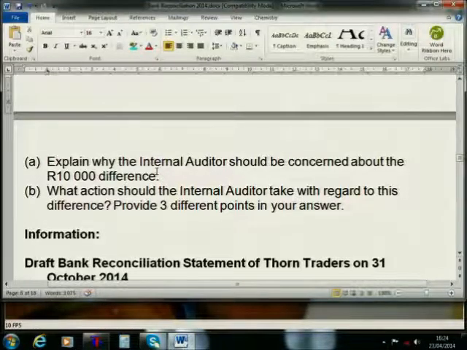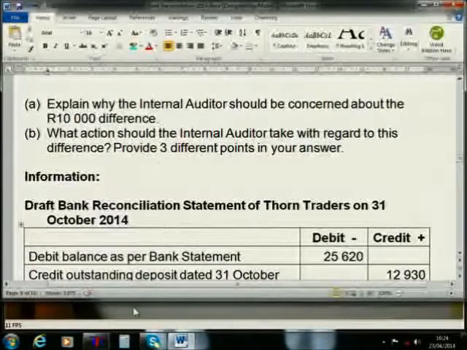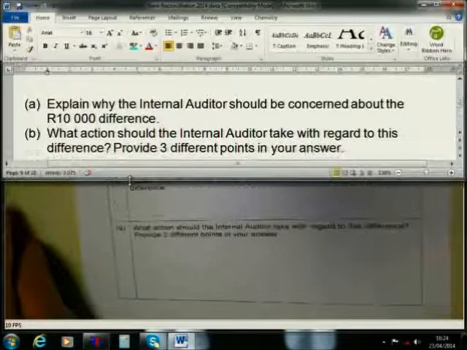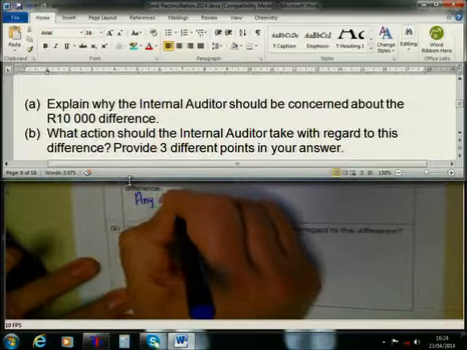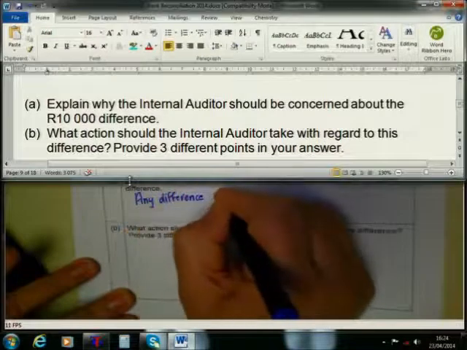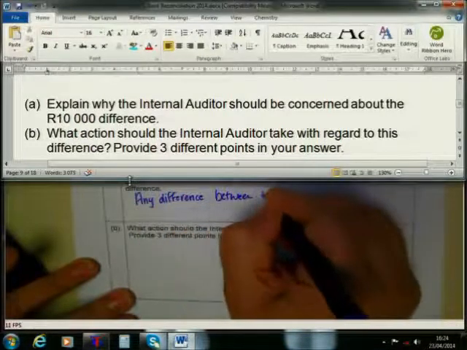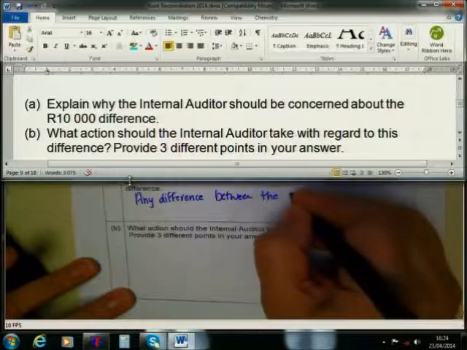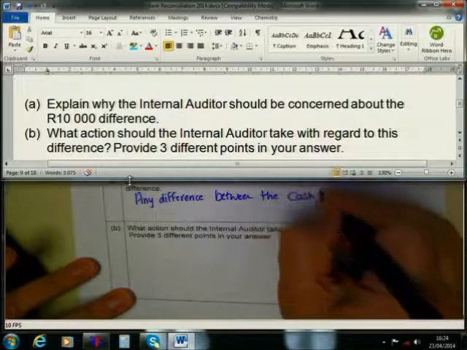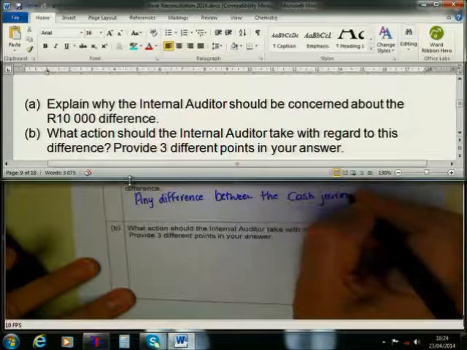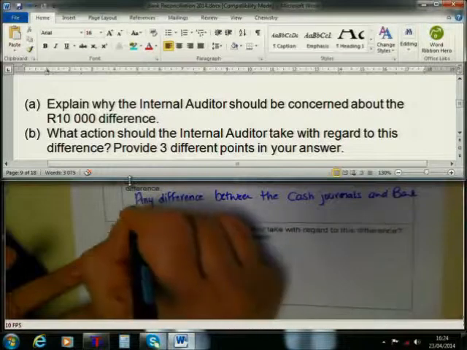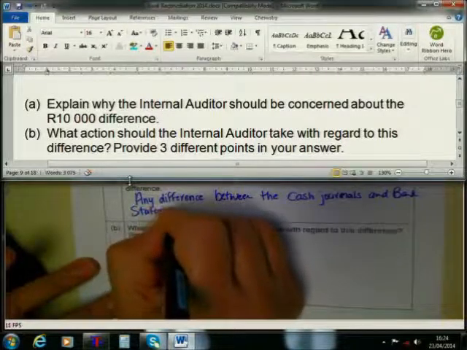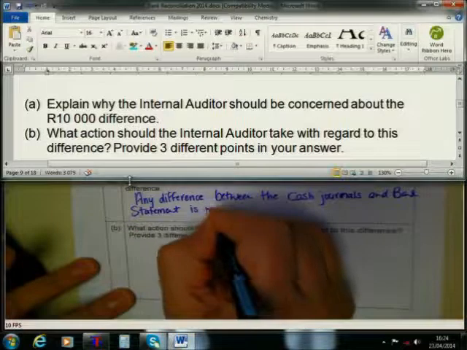Because this is a major amount, and it didn't need to be 10,000 Rand. Any amount, any difference between the journals, cash journals, and the bank statement is major.